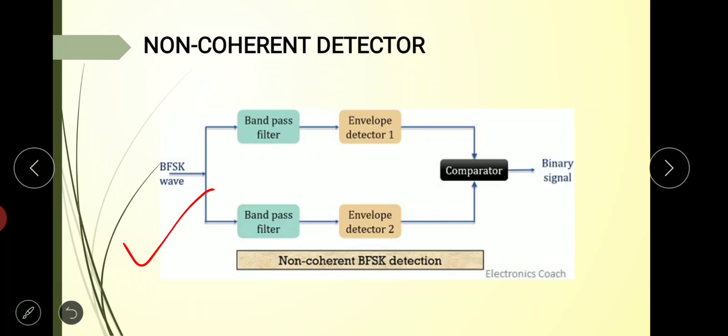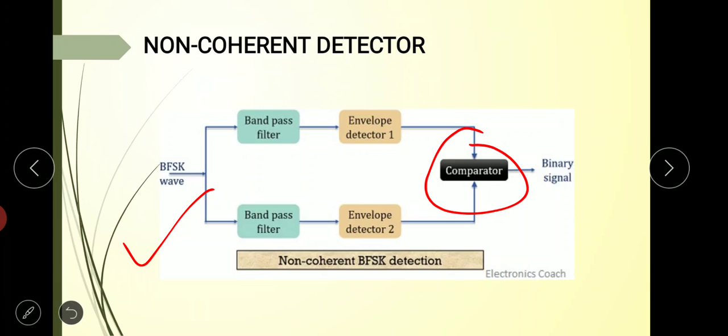The output of each band pass filter is then fed to an envelope detector, which generates two separate outputs according to the signal given by the band pass filter. Then the comparator compares the outputs of the two envelope detectors. When the output of detector 1 exceeds detector 2, logic 1 is obtained, and when the output of detector 1 is lesser than detector 2, logic 0 is obtained.